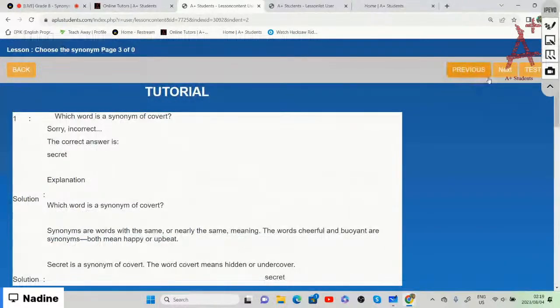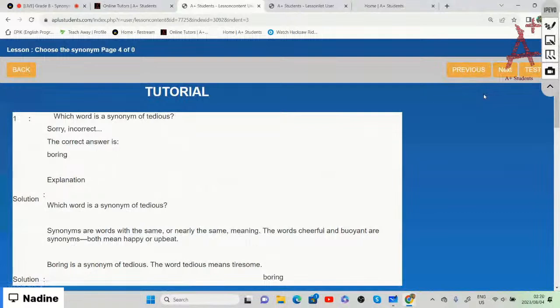All right, let's quickly go next again. Tedious. We need to choose tedious. So another word for tedious is boring, right?